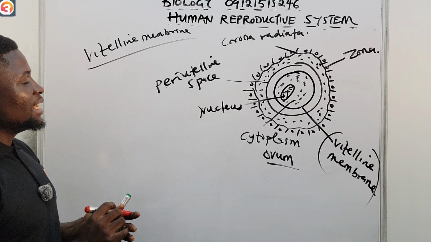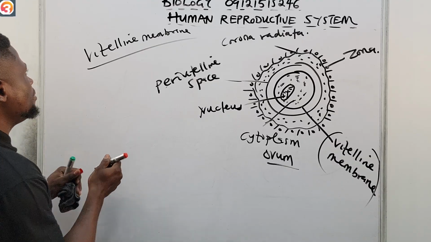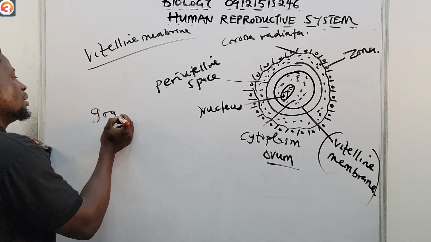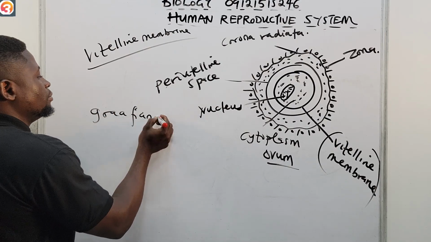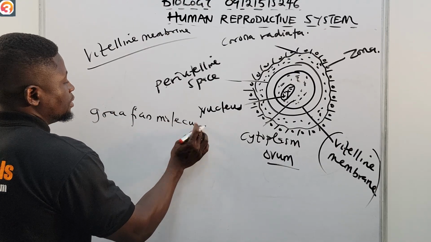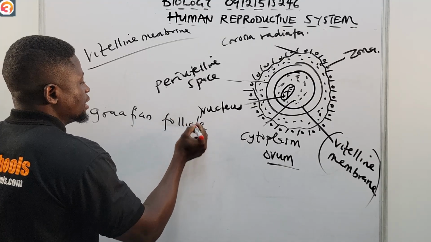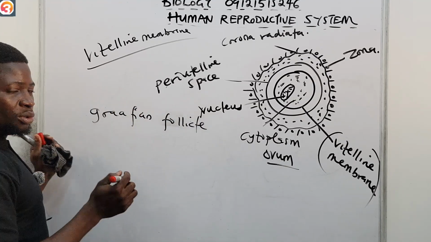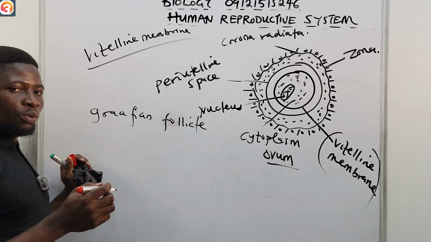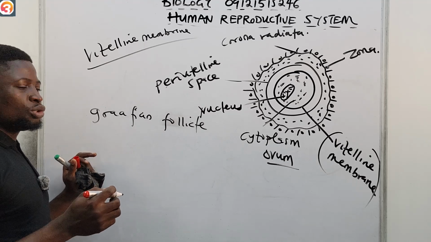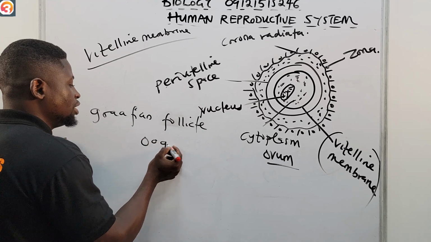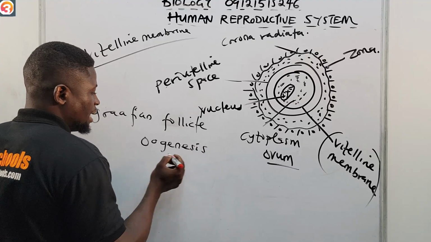And the ovum is produced in the Graafian follicle. I'm getting tired already. It is produced through a process known as what? Oogenesis. Please understand.